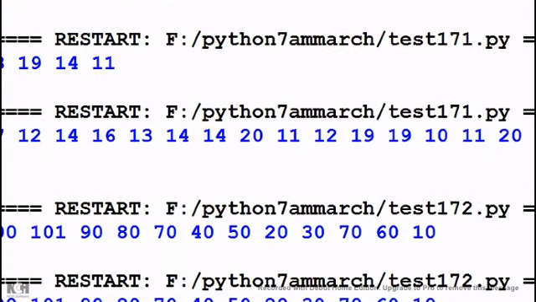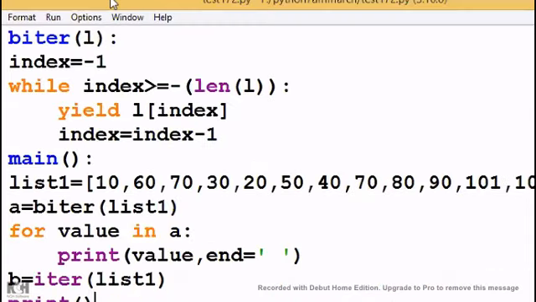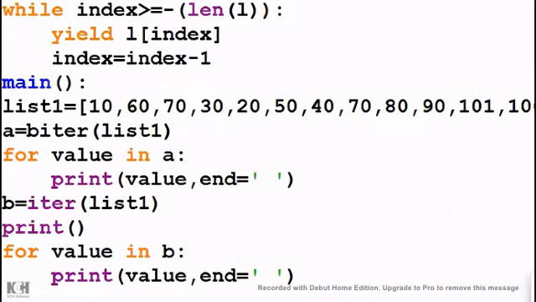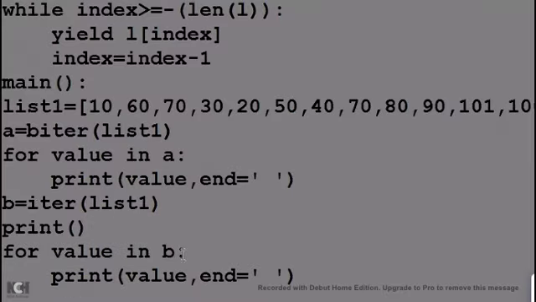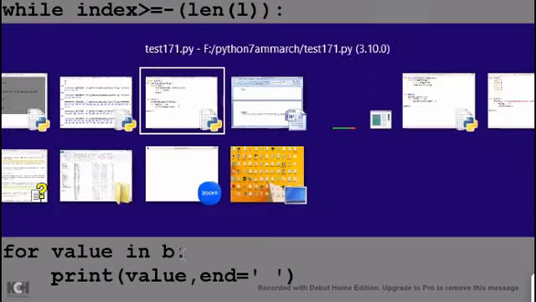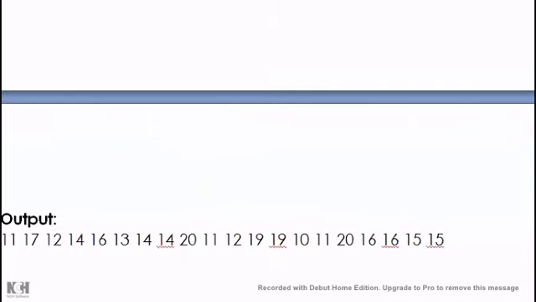Now you can see 10 to 99. So customized iterators you can create by using which functions? Generator functions. You have to understand how to work with generators and iterators.